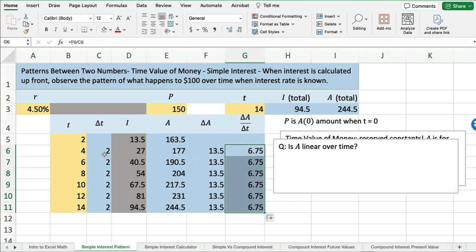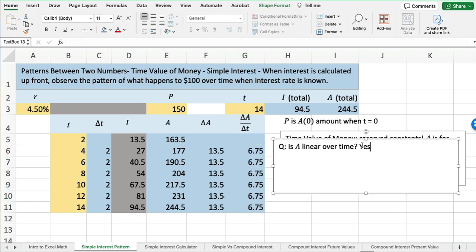So there are a couple of different things that tell us that indeed capital A is linear. So we can say yes for a lot of different reasons here. The first reason is that change in A is constant when change in time, T, is also constant. So that's a good enough reason right there. But also, change in A divided by change in T is also constant.